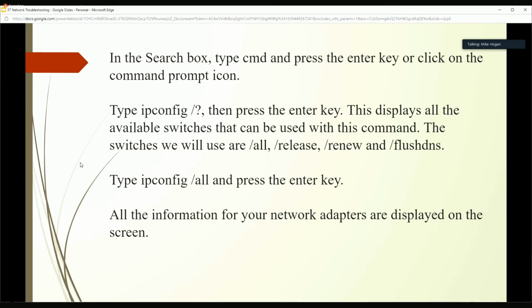Is it something isolated, like, for example, you can't resolve a URL? Well, maybe it's the IP address of your DNS server. If you have no connectivity at all, and it's not on the physical layer, then maybe it's an IP addressing issue. Depending on the symptoms, you can take a look at your configuration and determine what steps to take next.